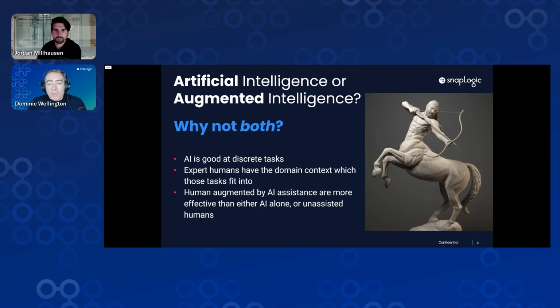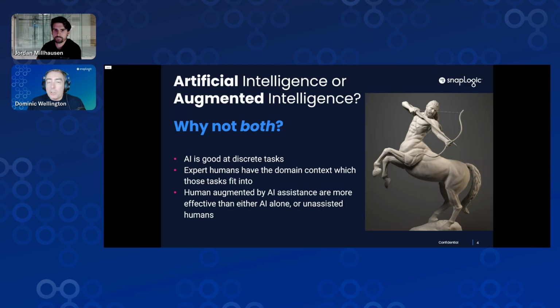So there's a question right now about how to use AI tools, how to use AI agents, and how these fit in with human users in the work situation. And there isn't actually a conflict there. What we've seen is that they go together better than any of them can work on their own.